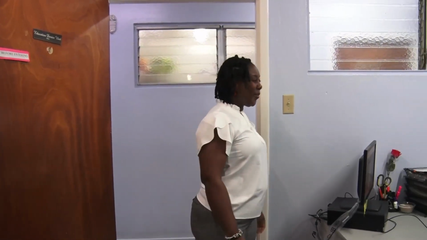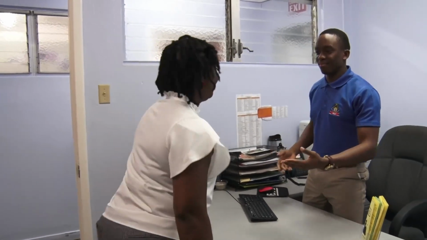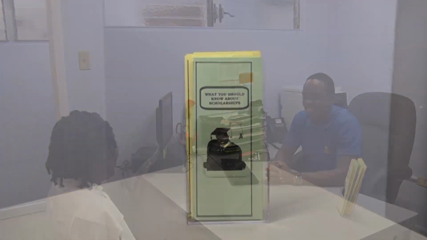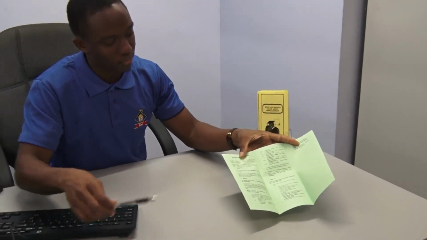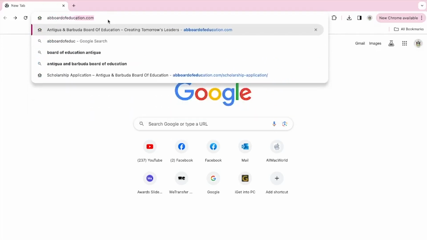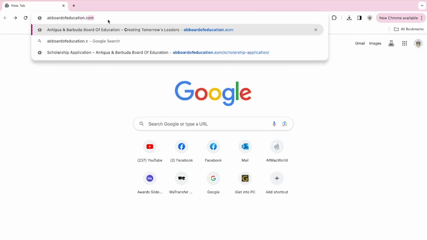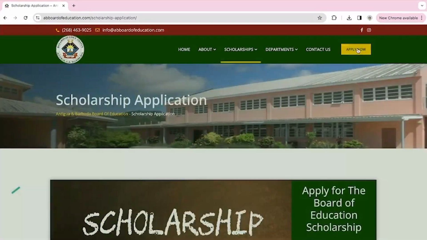The Board of Education is responsible for the funding of scholarships, awards, and bursaries within Antigua and Barbuda. In keeping with our mandate, interested individuals who are citizens or nationals of Antigua and Barbuda are invited to apply. Application forms are available online at www.abboardofelucation.com and should be completed and submitted on or before the last working day in April of each year.